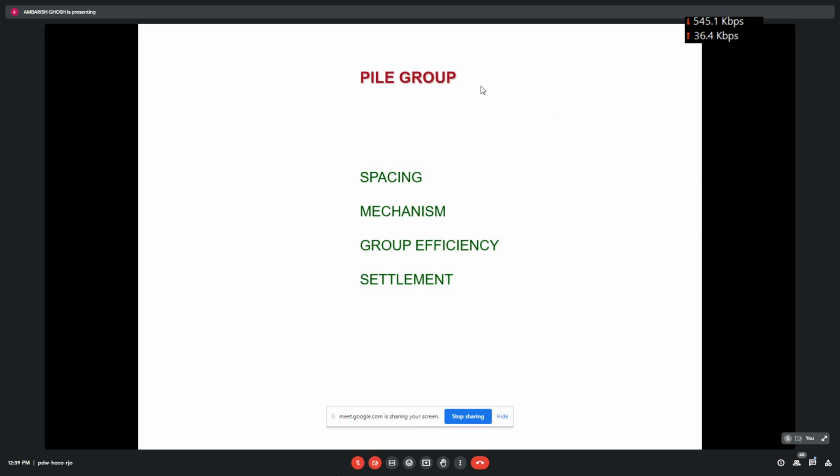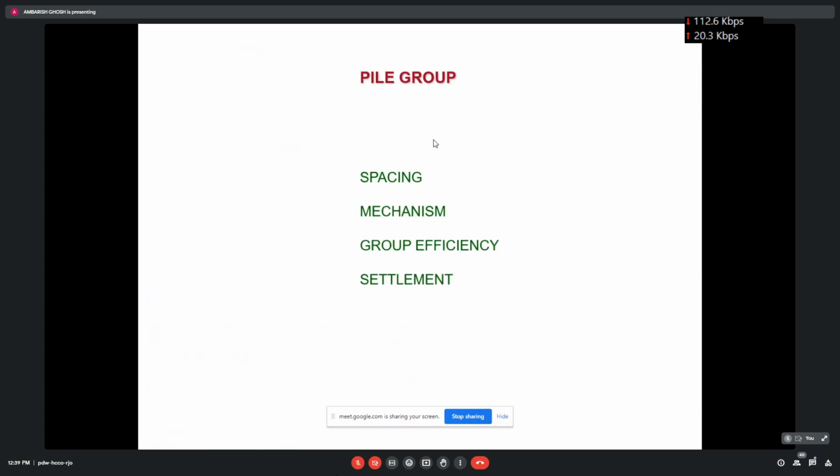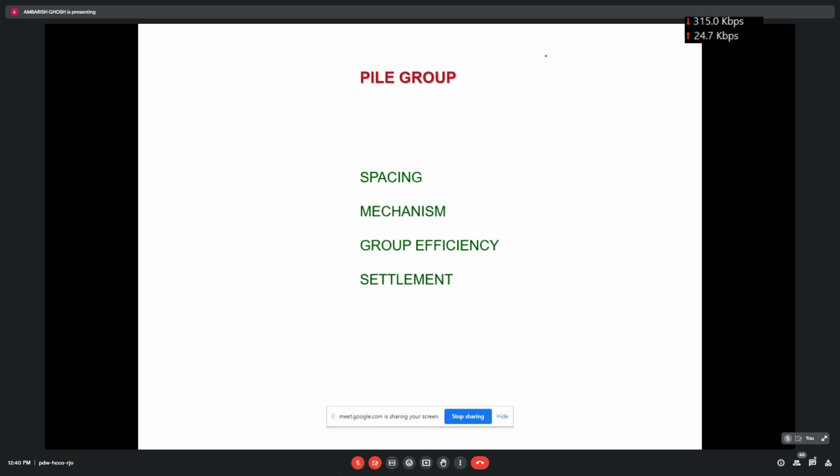So now how will we decide the spacing part, how can we decide the spacing? You see this slide. You have to fix the spacing, how the failure will take place, mechanism, group efficiency and settlement. These are the points we are going to discuss. First of all, which is not here, let me tell you. Suppose you got a column.